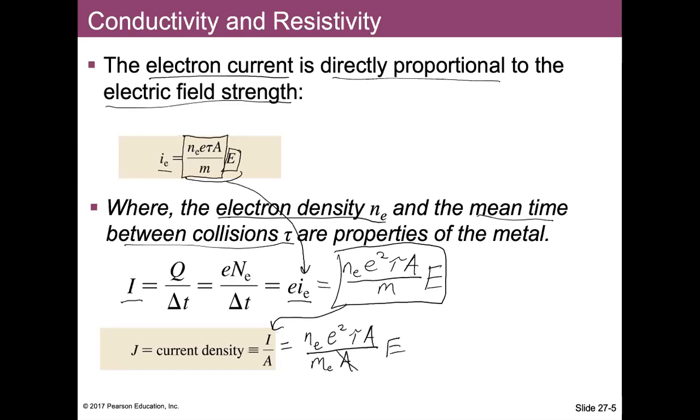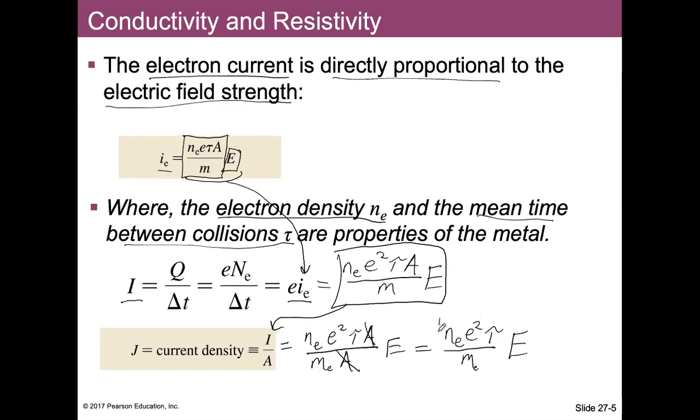And so my areas will cancel, and I see that the current density is then equal to the electron density times the charge of the electron squared times the mean time between collisions tau over the mass of the electron times the electric field strength.